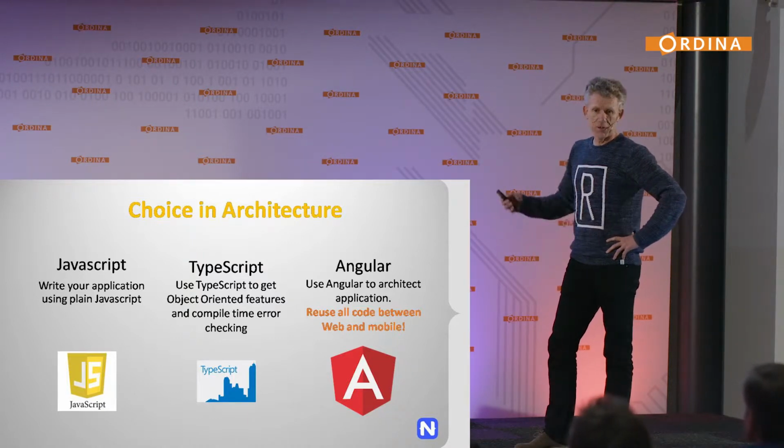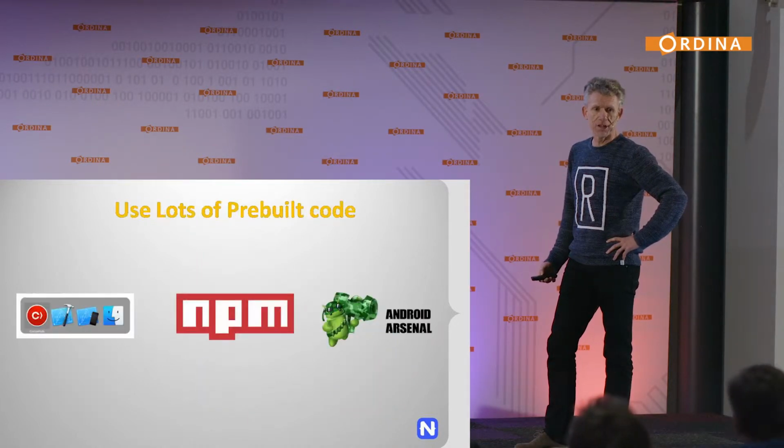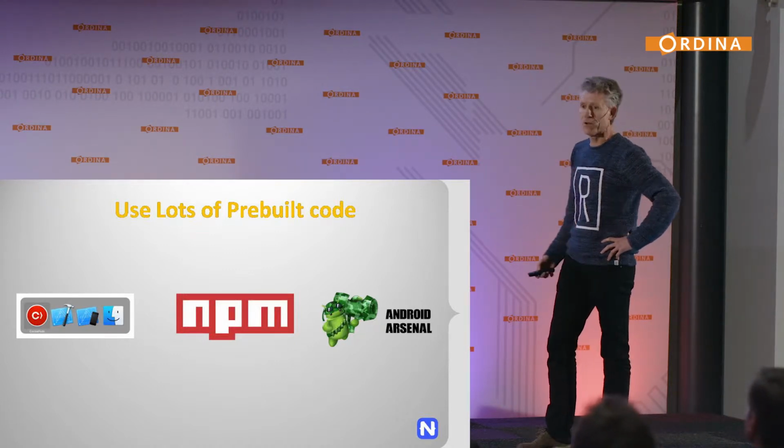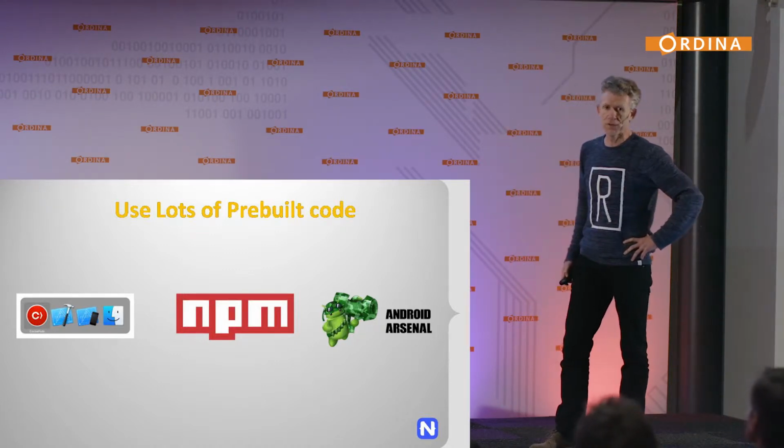You use a lot of NPM modules and pre-built code, so it's quite easy to make an app. You have a lot of layouts. I'll show you one example later on, the stack layout.